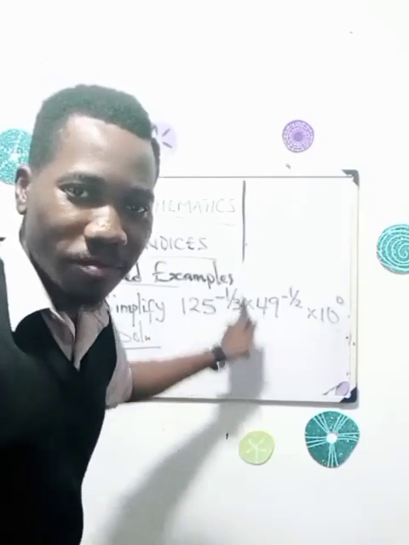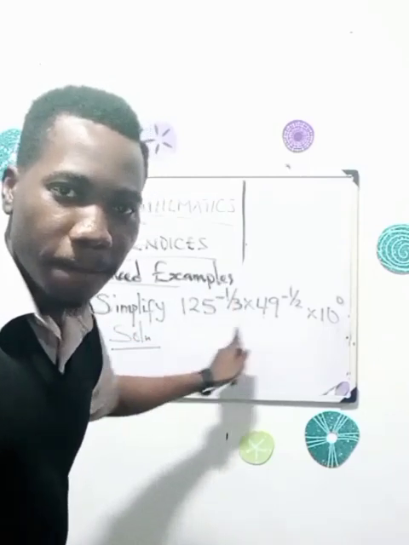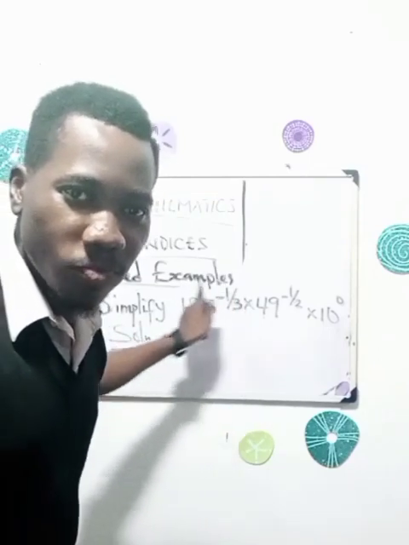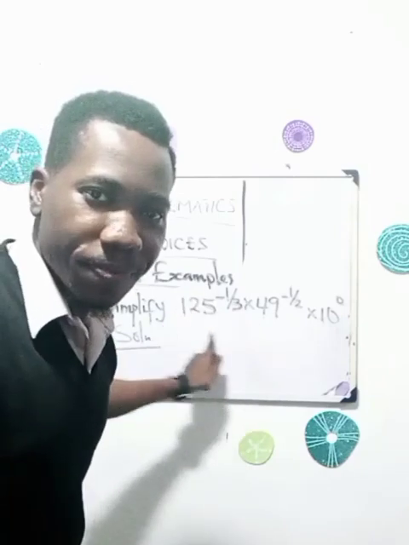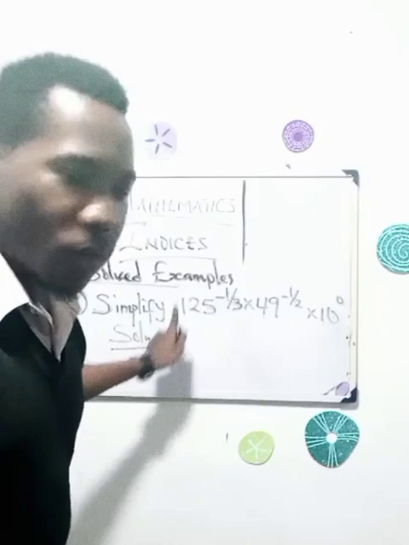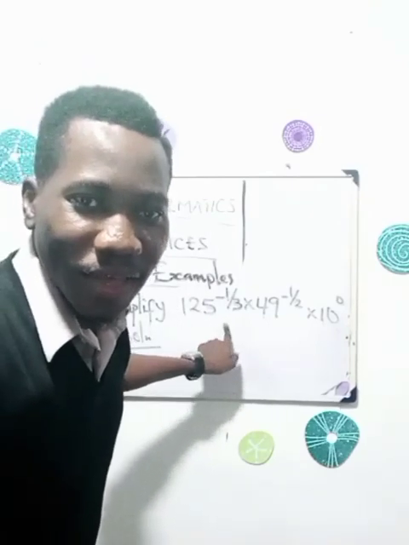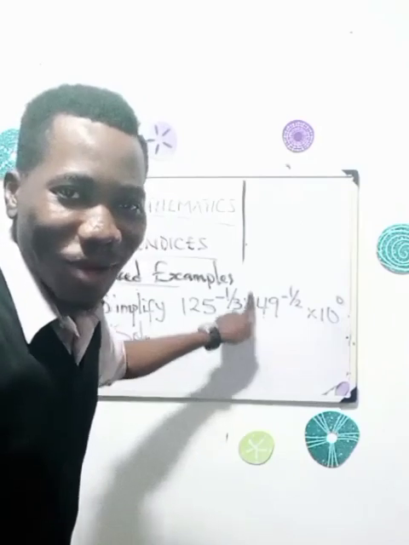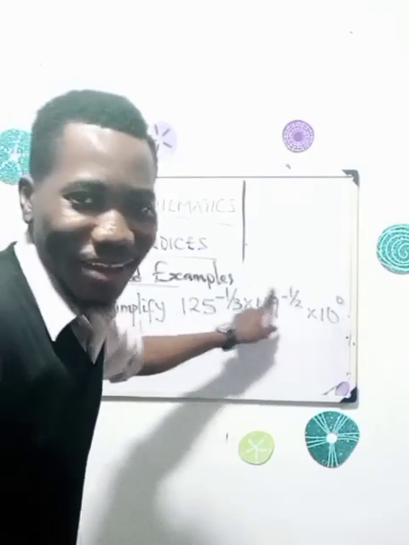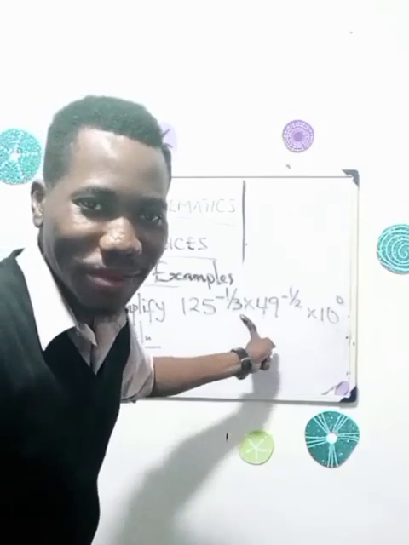What will this become? I need someone. We are going to help ourselves here. Someone should help us here. Larex, what will this one become? Let's take it one after the other. 125 raised to the power of minus 1 over 3.